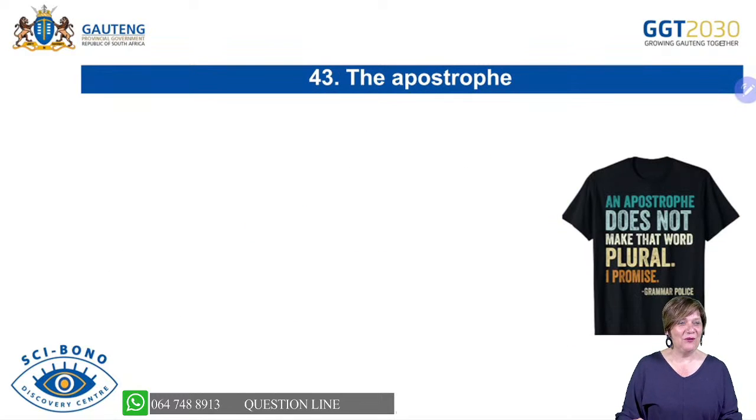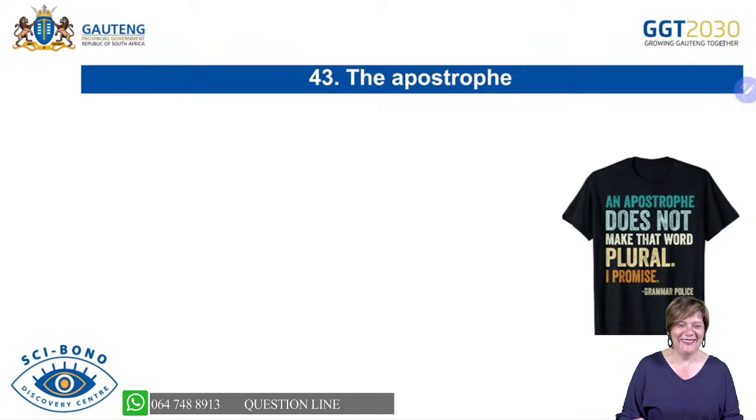Oh, the apostrophe. You'll remember that this is one of the options in the sentences in the beginning of question 5 where you have to identify an error. Now, I want you to please remember this t-shirt: an apostrophe does not make that word a plural.